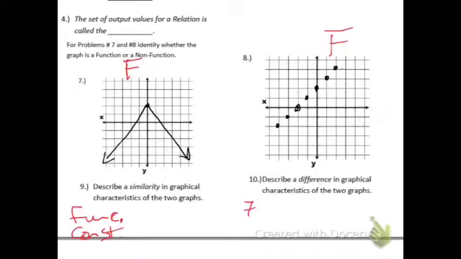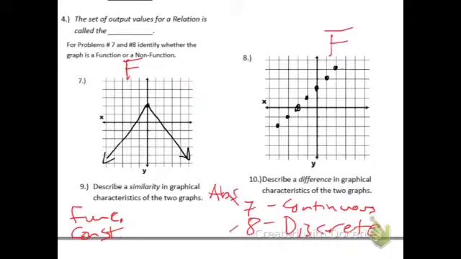Well, 7 is continuous, as in everything's connected. It's got the solid lines, whereas 8 is discrete. 7's an absolute value function, whereas 8 is linear. So yeah, a lot of differences, a lot of similarities.